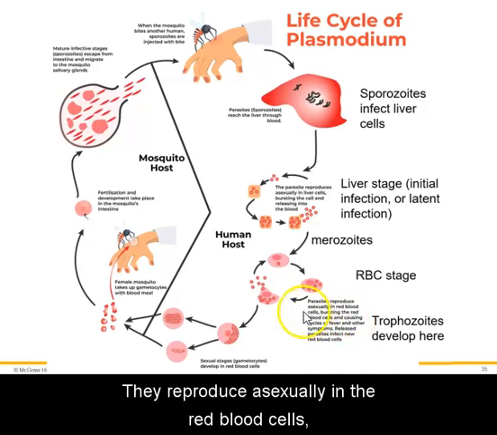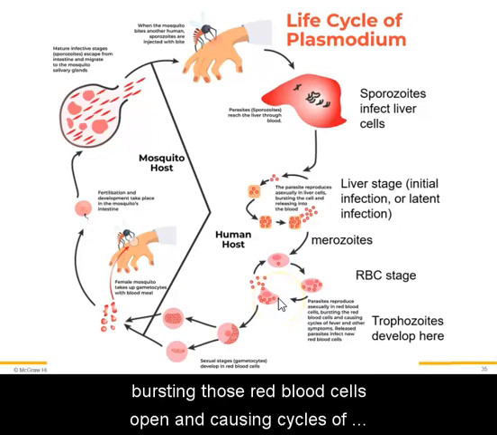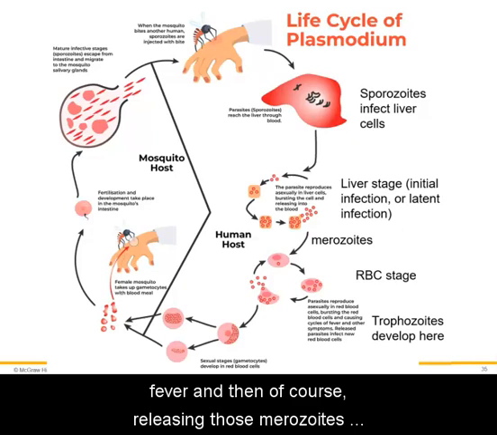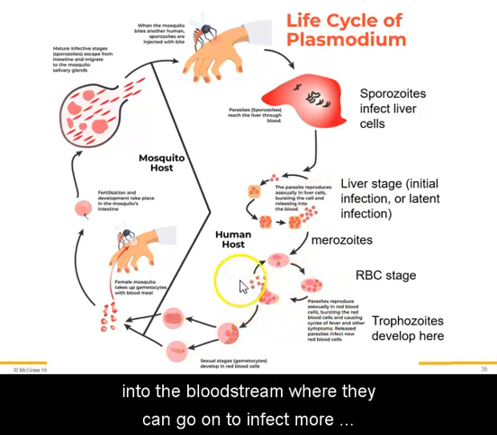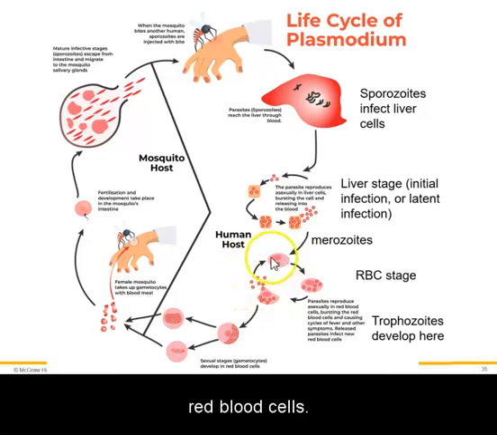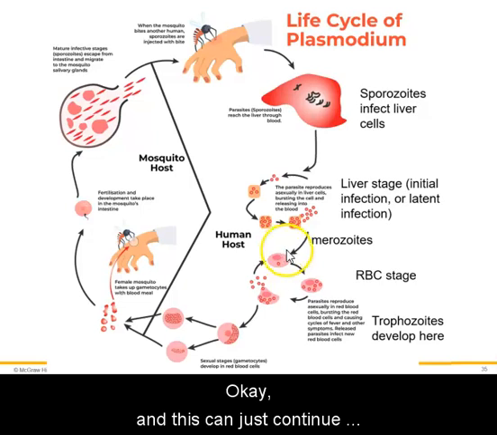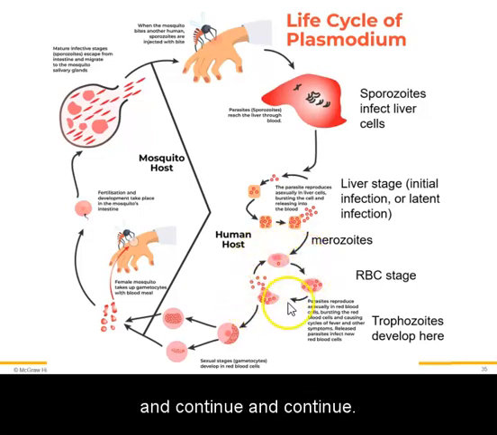They reproduce asexually in the red blood cells, bursting those red blood cells open and causing cycles of fever. And then, of course, releasing those merozoites into the bloodstream where they can go on to infect more red blood cells, okay? And this can just continue and continue and continue.